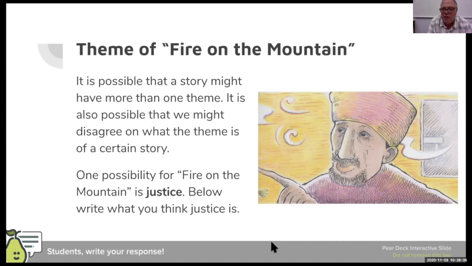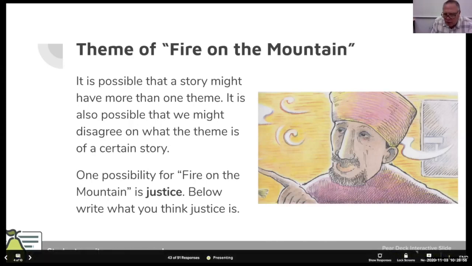It's one of those life issues that every culture talks about and has to deal with. What is justice? Different people have different interpretations of what justice might be. Different countries have different ways of bringing justice into a society. But what is it exactly?